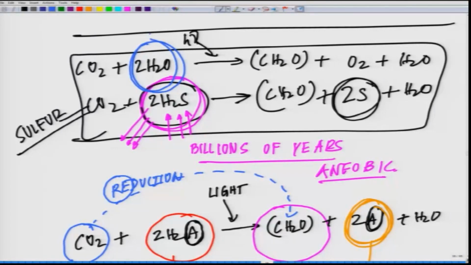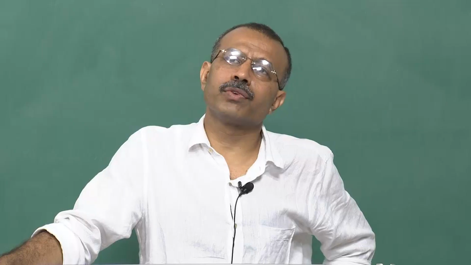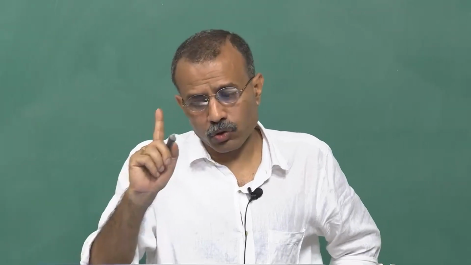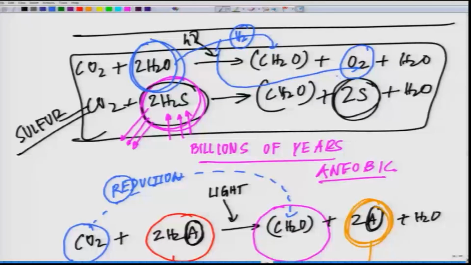Nature picked it up for its hydrogen or electron supply, but simultaneously, while splitting it, nature started evolving a very strong oxidant called oxygen. That was the great point in the history of chemical evolution where oxygen took over. And as soon as oxygen took over, all these anaerobes were threatened.